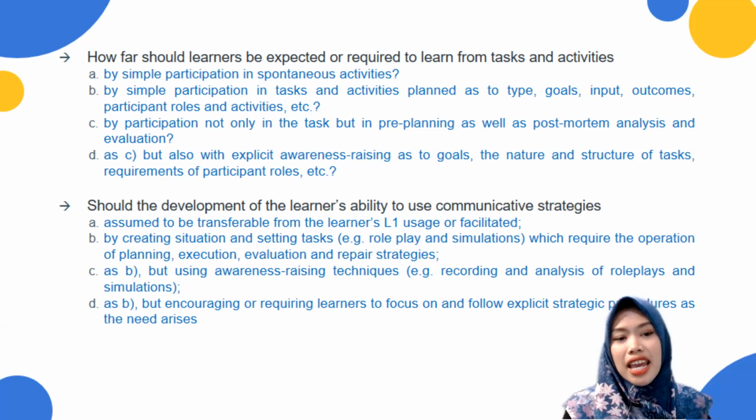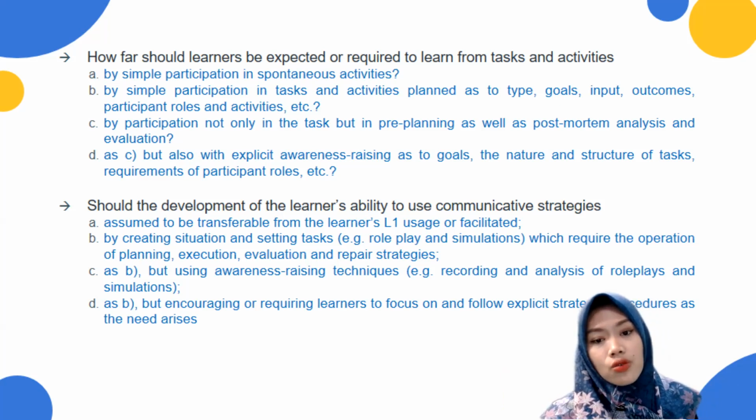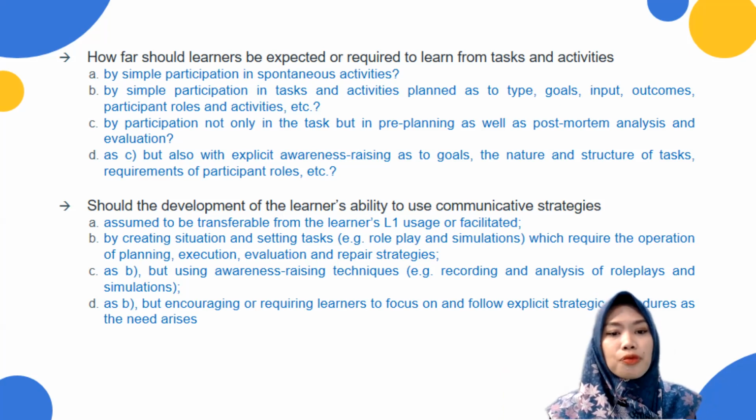And the last is same like the third point, but also with explicit awareness raising as the goal, the nature and structure of the task, requirements of participant roles, etc.